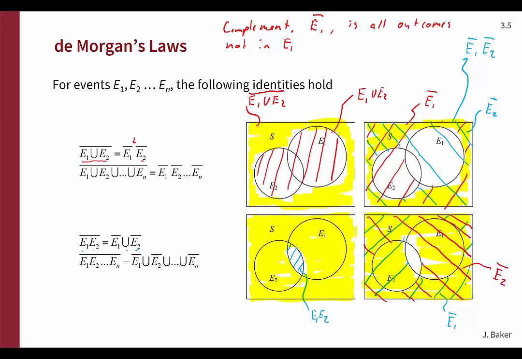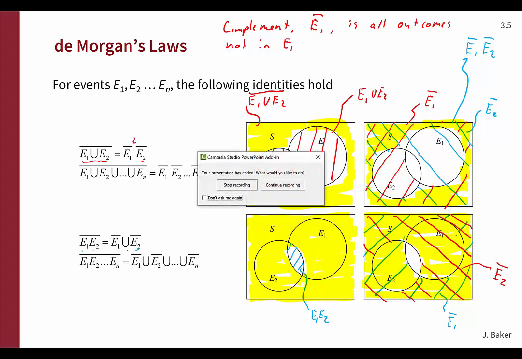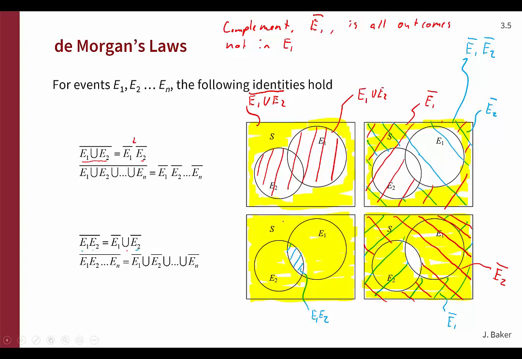Okay, and we see that the two shaded regions again are equivalent from left to right. There we can see some basic indication that these De Morgan's laws hold. Again, that second set of terms has an extension to more than two events.